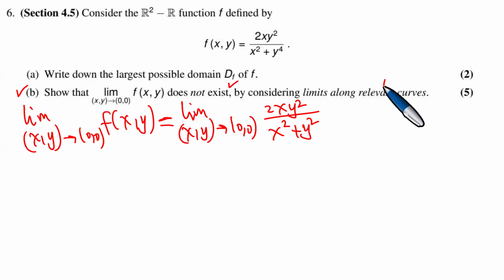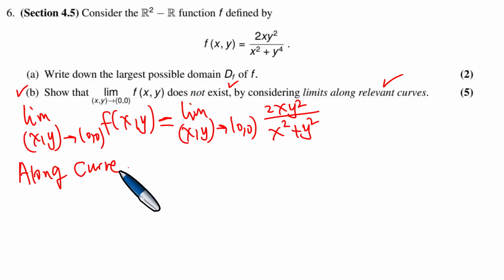By considering limits along relevant curves, we are going to choose a curve, for instance along curve C. Someone asks: what makes a curve relevant?